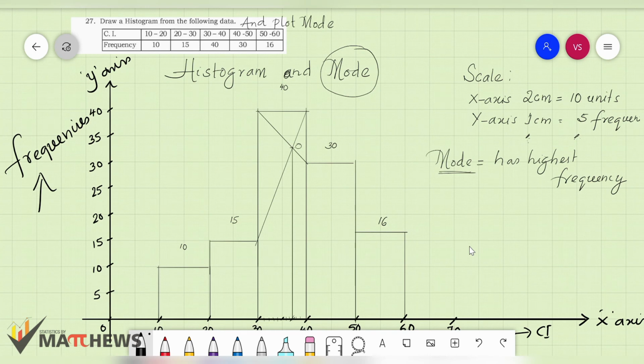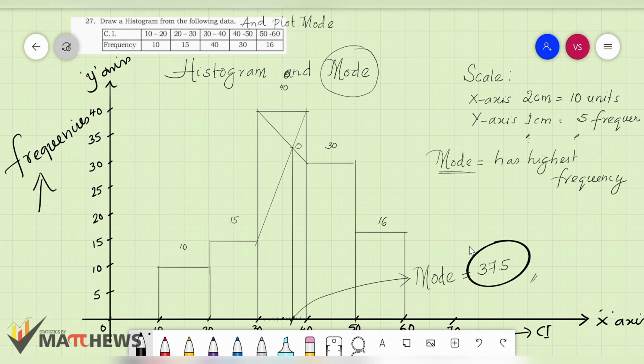So the value here is the point where it touches. This is the point that touches the x-axis, and this itself is called the mode, and it can be 37.5. So this is how we draw the histogram and plot the mode, students.